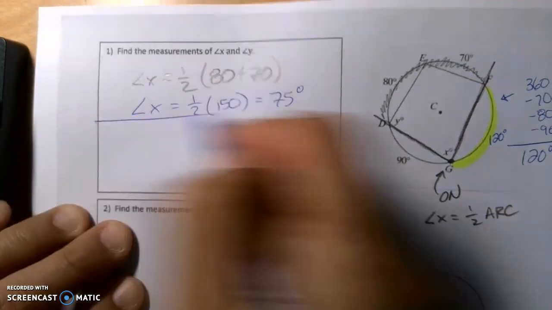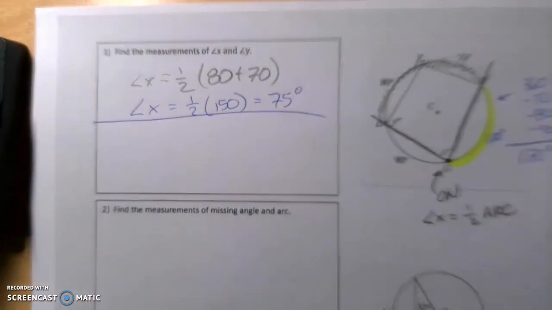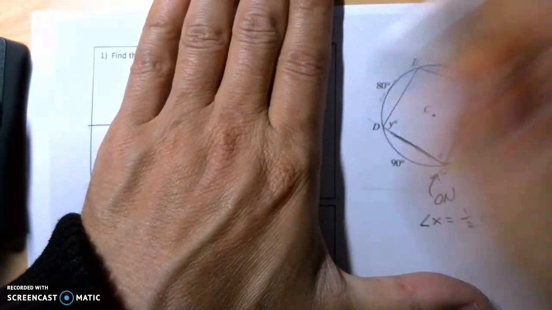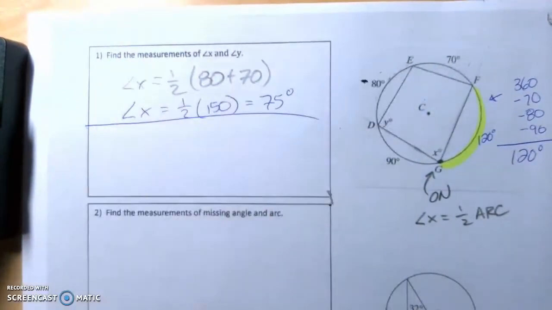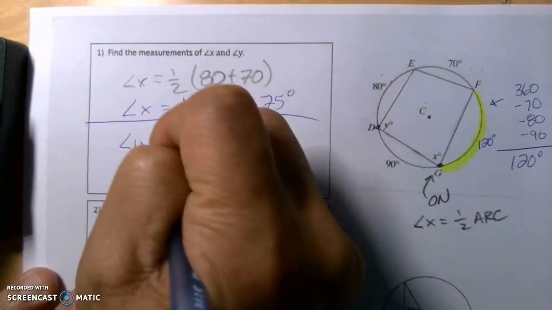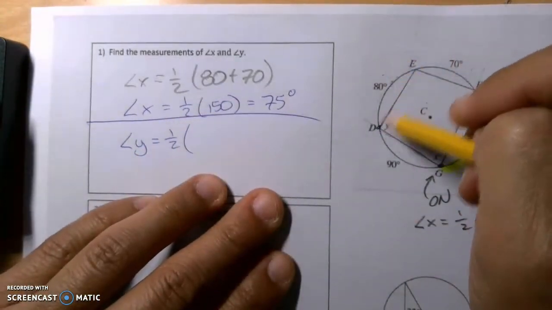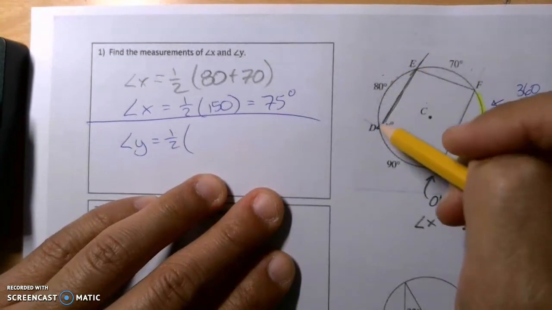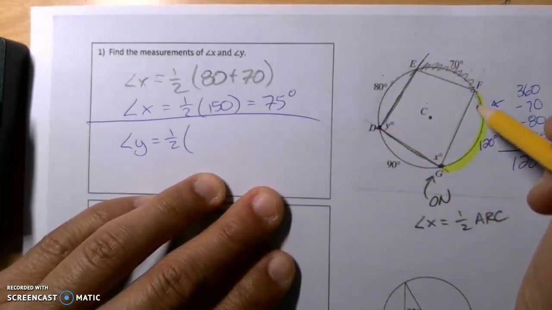Okay, let's figure out what angle y is. Now I did that fuzzy thing in pencil because I want to erase all of that to help visualize where angle y is. But angle y, it's on the circle, so angle y is going to be half the arc it hits. What arc does angle y hit? So just using my pencil here, I'm extending the line. It hits right here, so it hits all of this fuzzy part here.